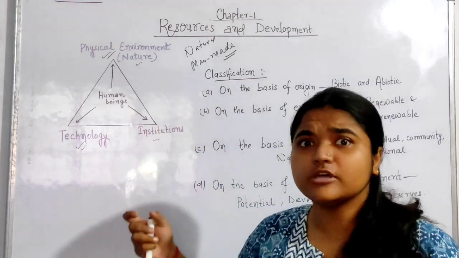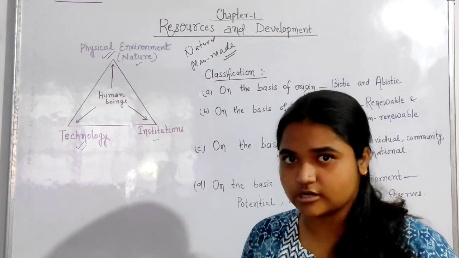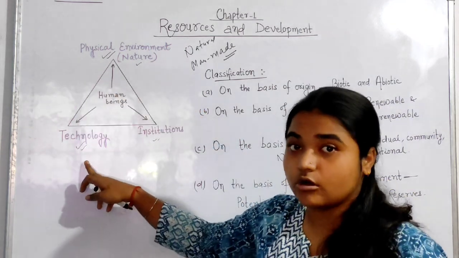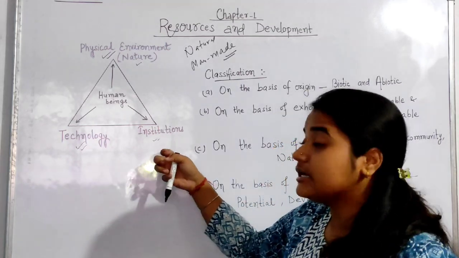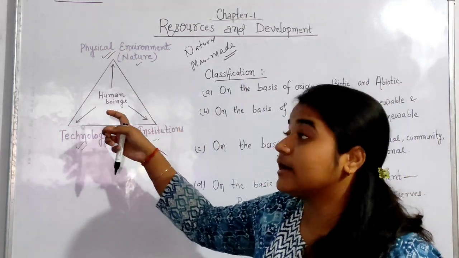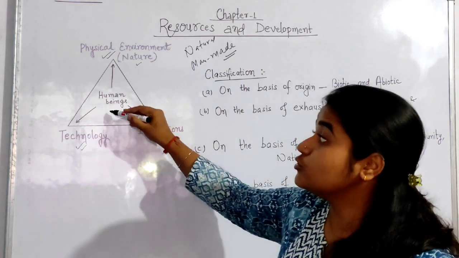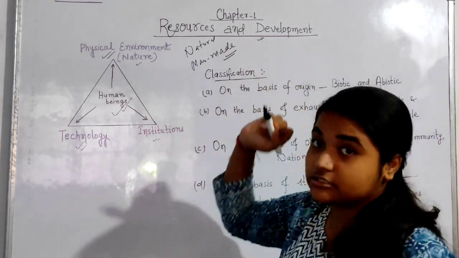With the help of institutions, factories, places, workshops, etc. So all of the three factors, environment, technology and institutions, are being used by human beings to give a development.